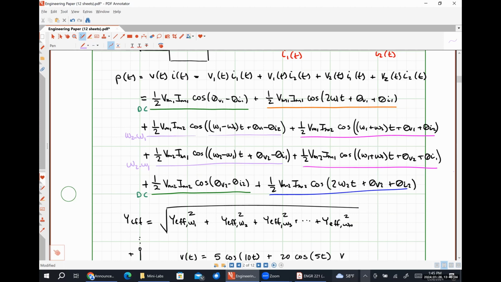We use what's called a split phase system, a center tap transformer. We'll talk about this when we get into power. Effectively that 240 volts from one hot wire to the next hot wire is split by a neutral wire in the middle so that you can get 120 or effectively negative 120.